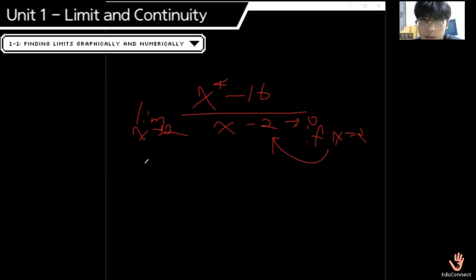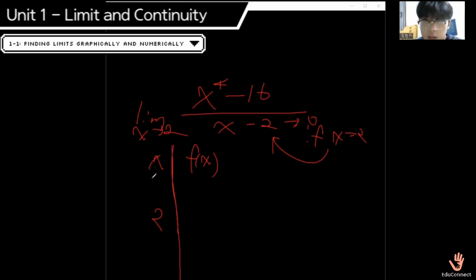So what we are going to do is set up the table of values. And 2 is what we want to approach, so I'm going to put 2 in the center. We're going to pick some points that are below 2 and some points that are right above 2. But we want to get really, really close to 2.